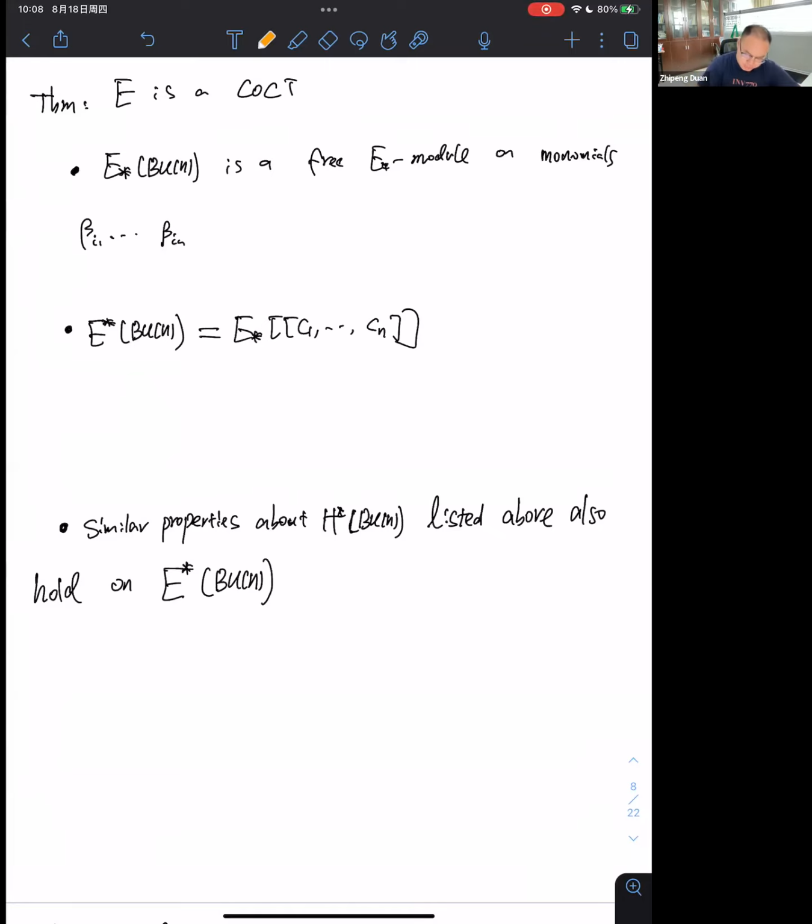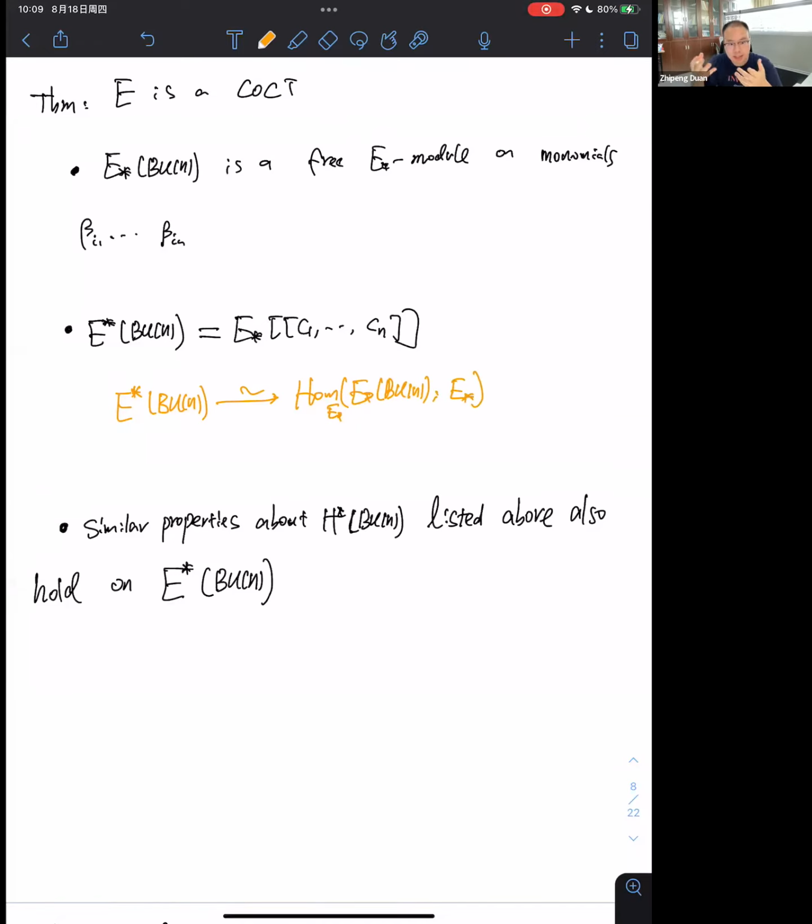And actually, the universal coefficients theorem also gives the following isomorphism from the generalized cohomology of BU(n) to Hom from the generalized homology of BU(n) to the coefficient E star.